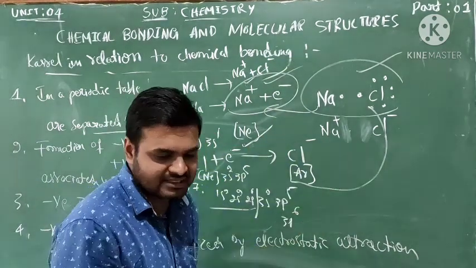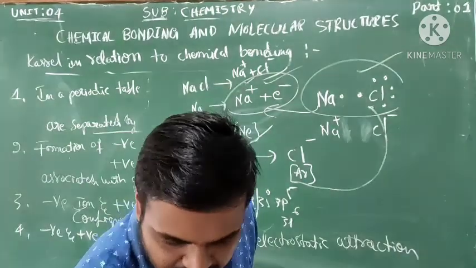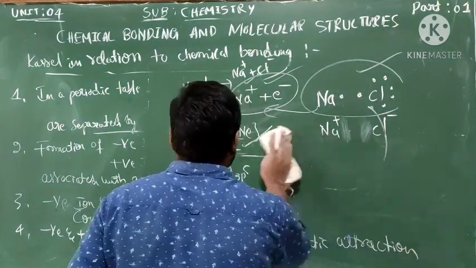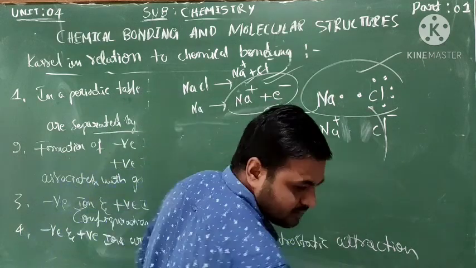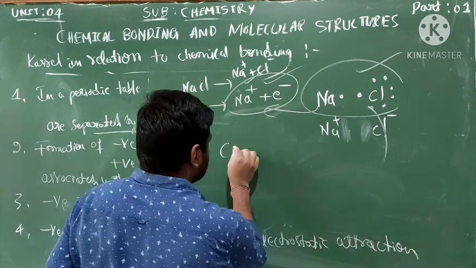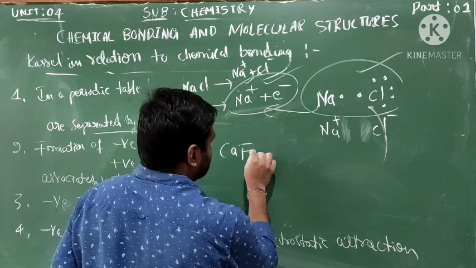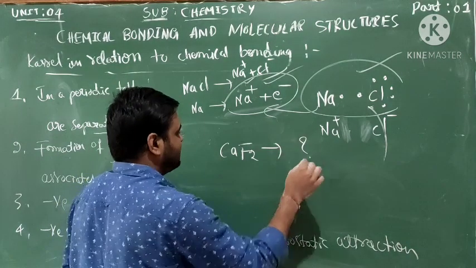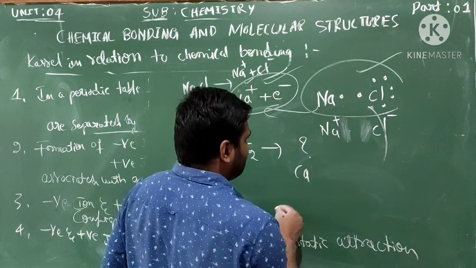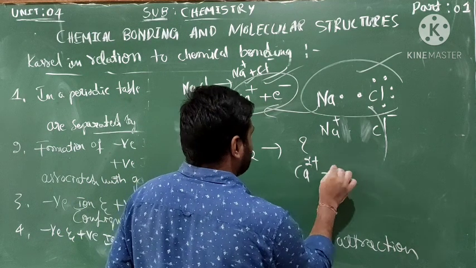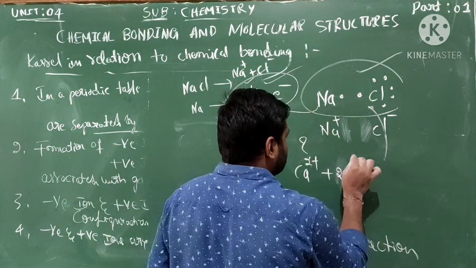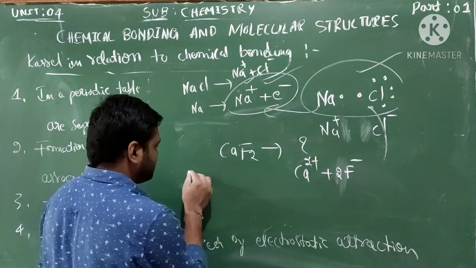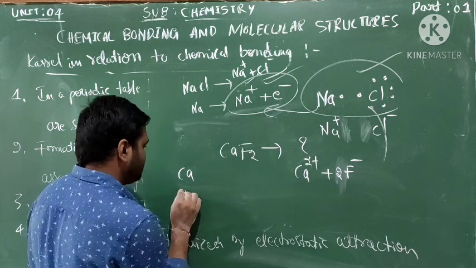Clear? So one more example. Observe here. CaF2. Did you calculate this will appear as Ca 2 plus and 2 F minus charges? How are they formed? Calcium is atomic number 20.